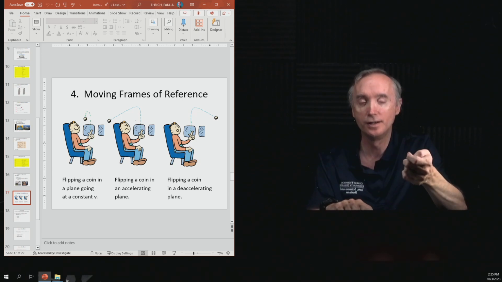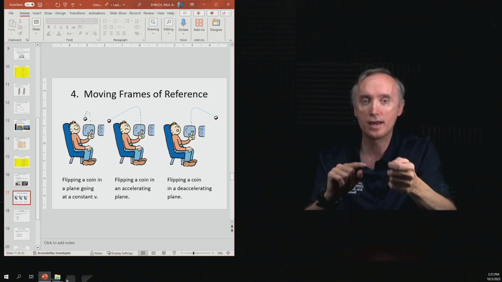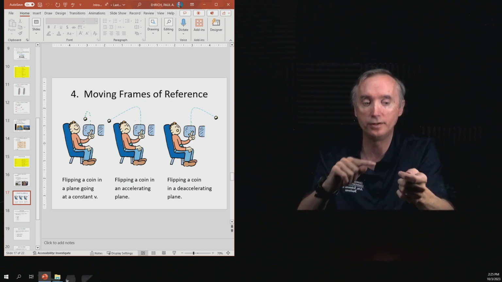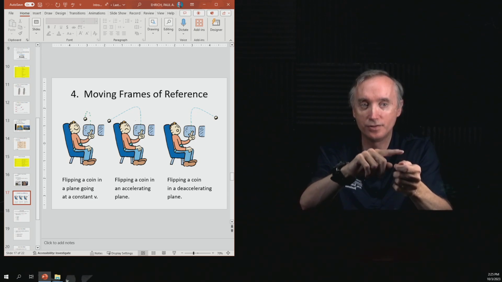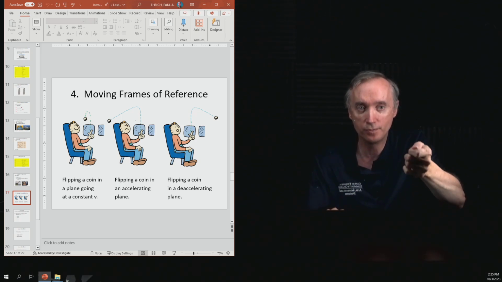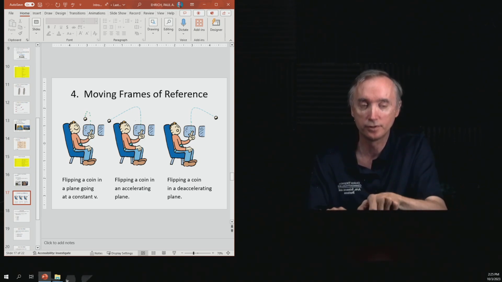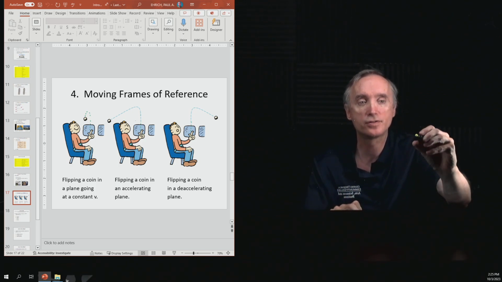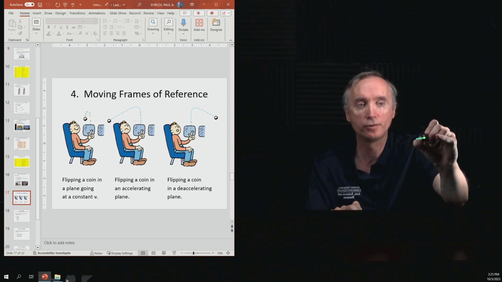So what's different about this accelerating frame of reference that makes the coin do that? Remember that as long as the coin is connected to you, it's going at whatever speed you're going at. So as you are accelerating, you flip the coin. Here's the coin right here.